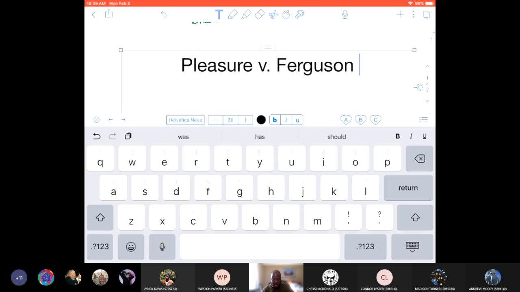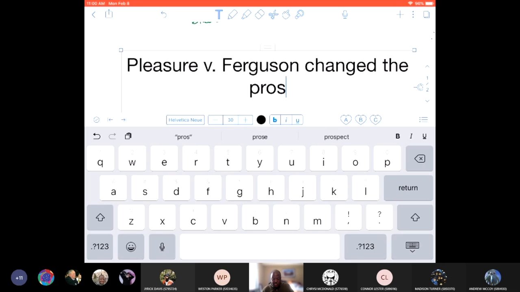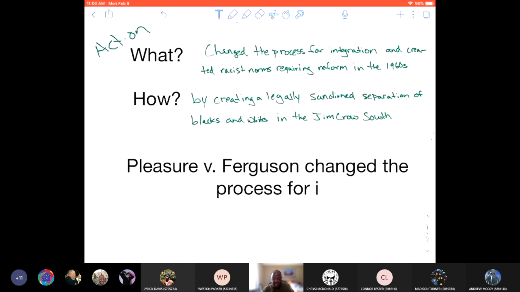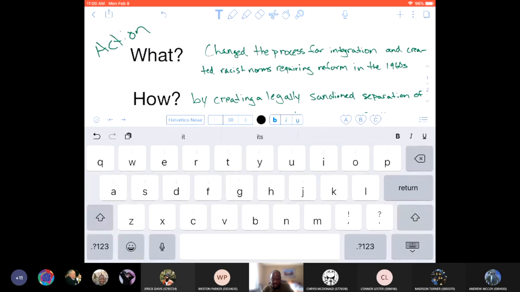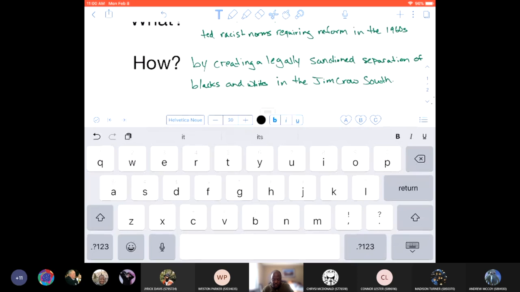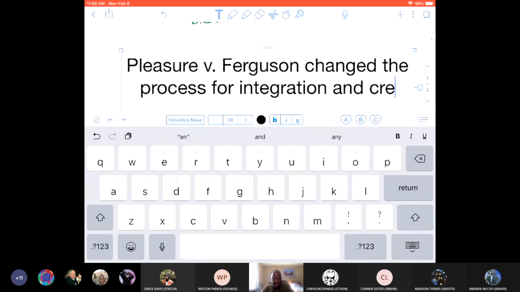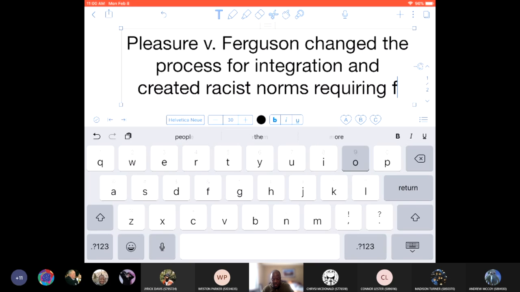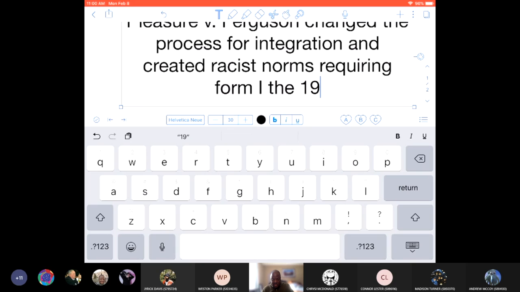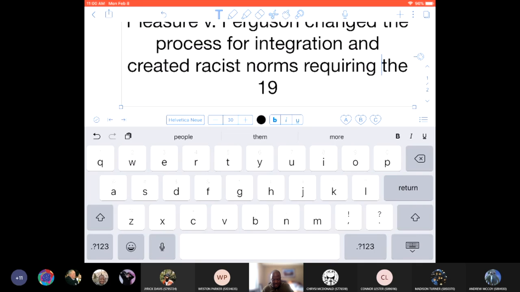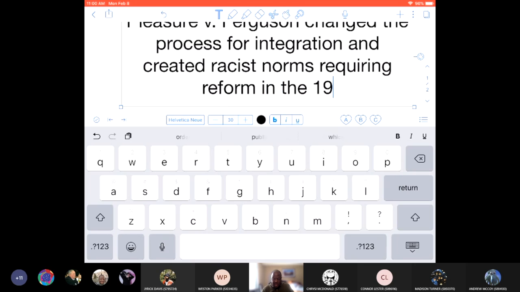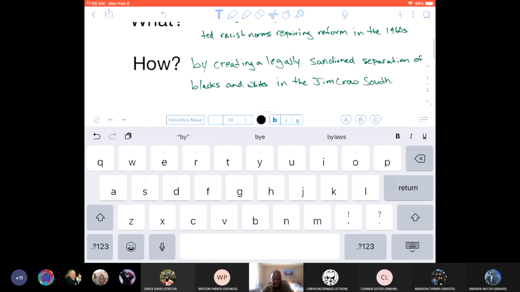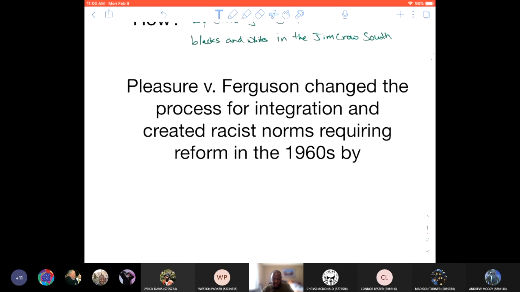Ferguson changed the process for integration and created racist norms requiring reform in the 1960s, by, make sure that I got that right, creating a legally sanctioned separation of blacks and whites in the Jim Crow South.